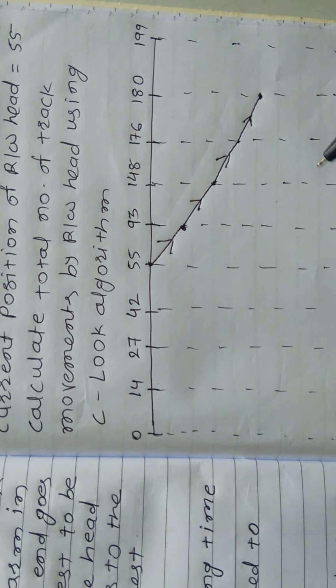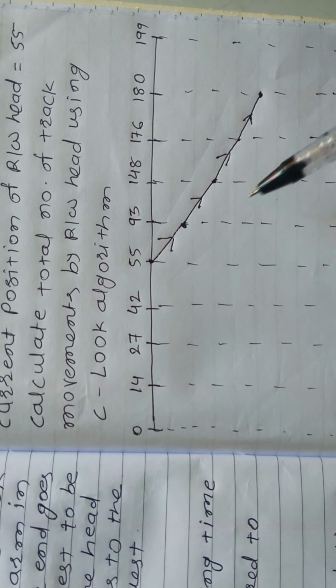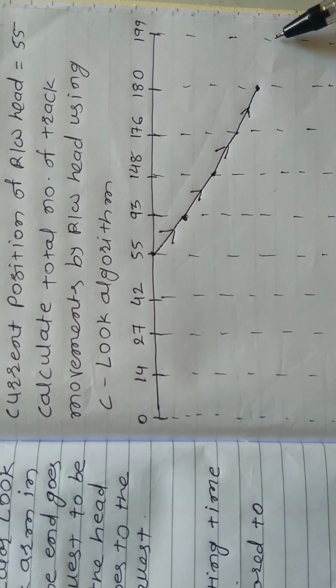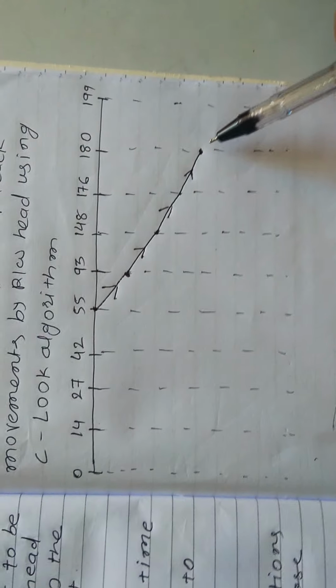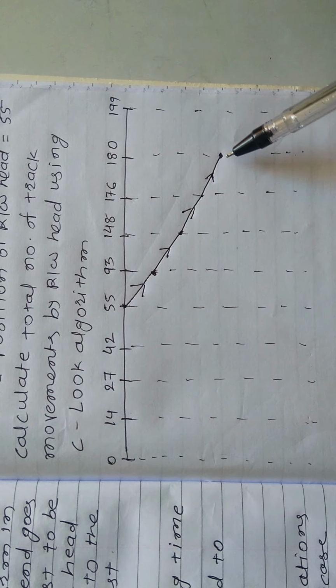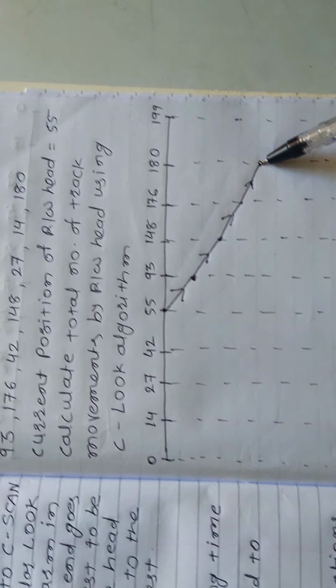So this is the difference between C-SCAN and C-LOOK. If the algorithm is C-SCAN, it will move till 199, but since this algorithm is C-LOOK, instead of moving to the last end of the track, it will move till the last request that is given in the problem.